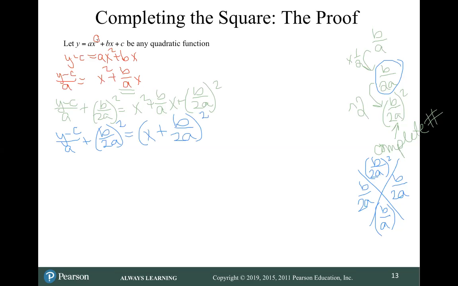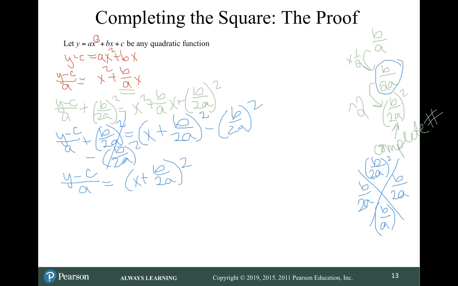So now I want to solve for y again. And so here I'm going to subtract (b over 2a) squared from both sides. y minus c over a equals (x plus b over 2a) squared minus (b over 2a) squared.